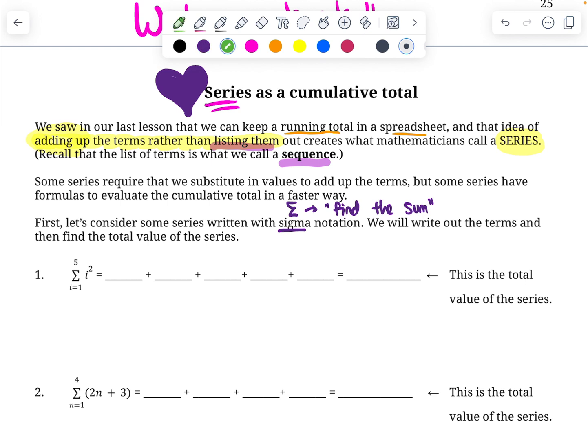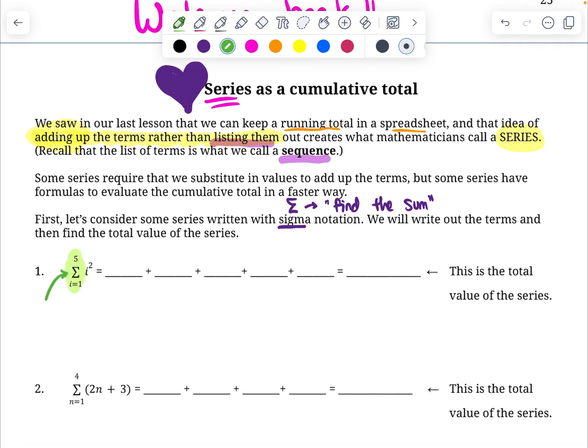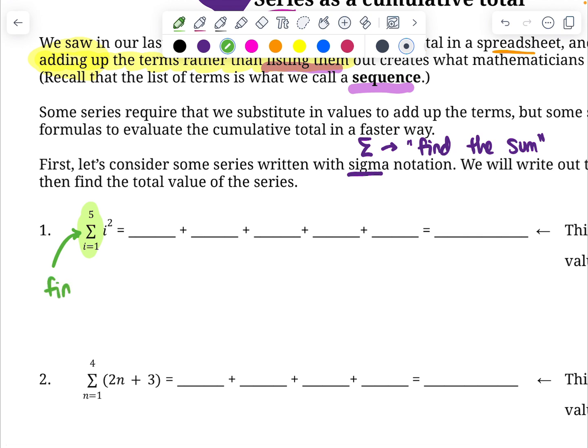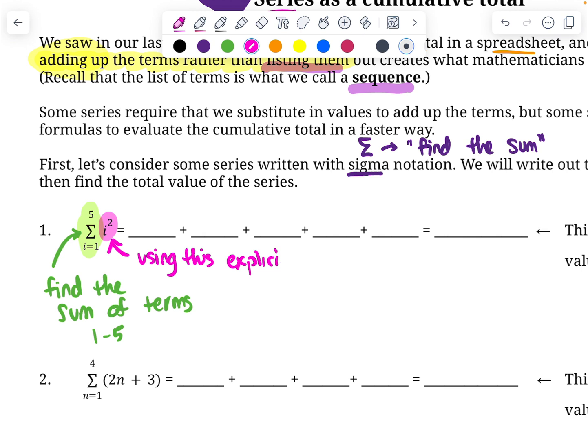So if you'll notice, this notation right here that I'm going to highlight in green is telling us that we want to find the sum of terms 1 through 5, and then over here, this is saying using this explicit formula, okay?